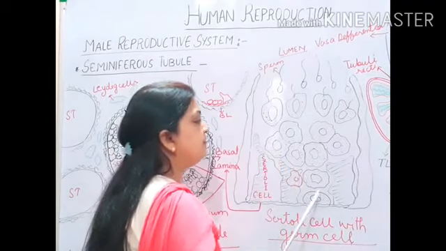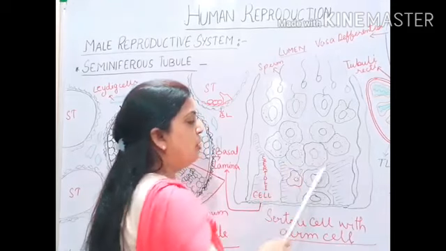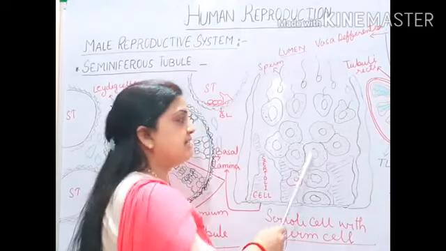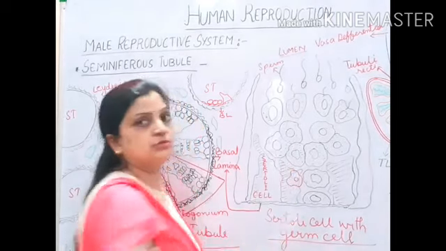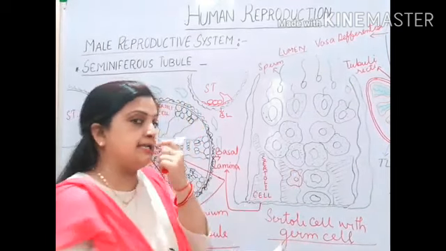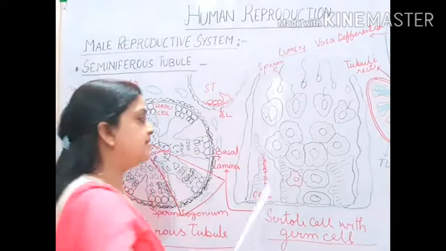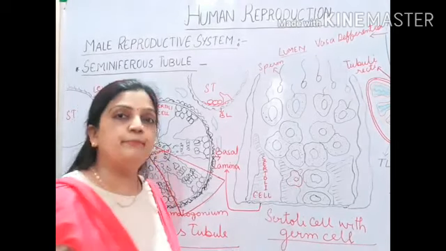Now in the developmental process of primary spermatocyte, secondary spermatocyte, spermatid, spermatozoa, these Sertoli cells are nursing them. These Sertoli cells are supporting them.